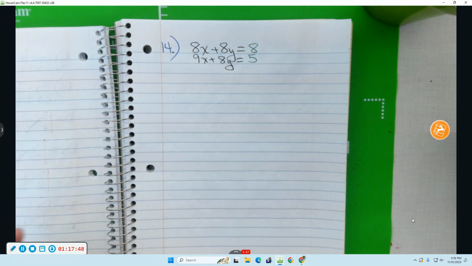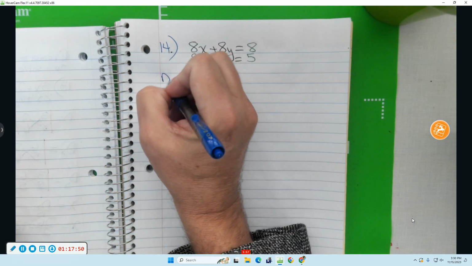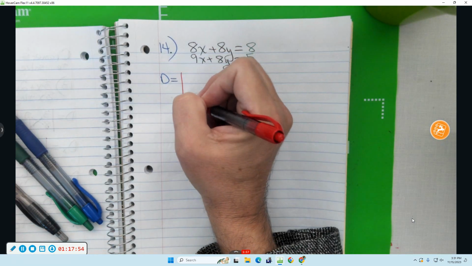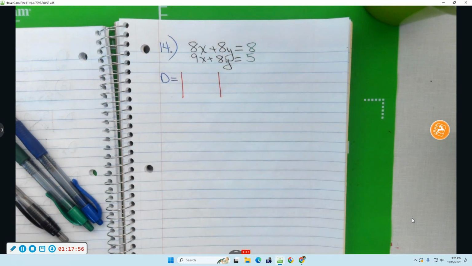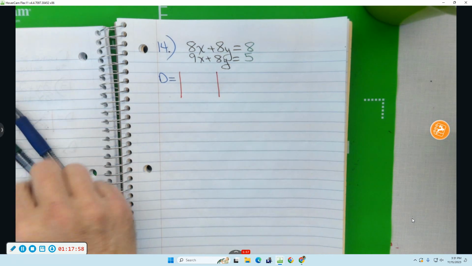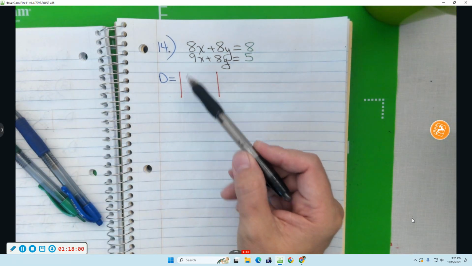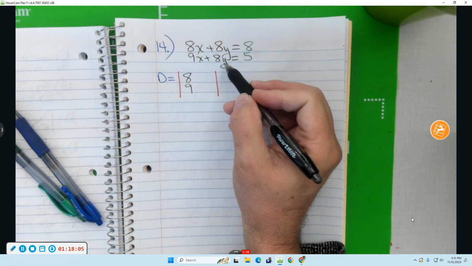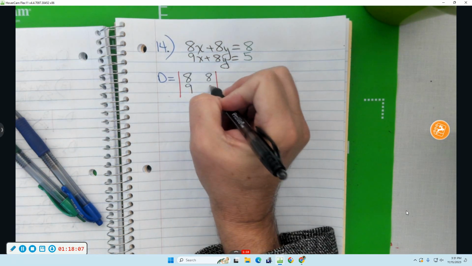So the first thing we're going to do is find the determinant of the coefficient matrix, just D. The coefficients of x are 8, 9. For y, 8, 8.